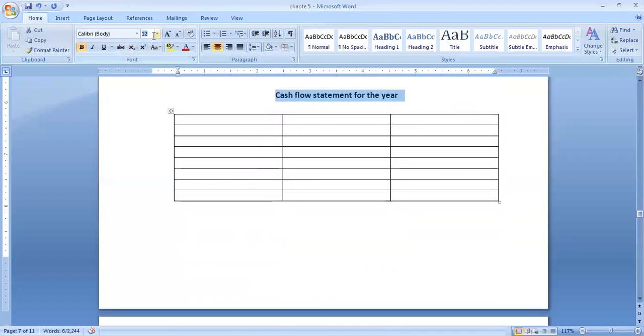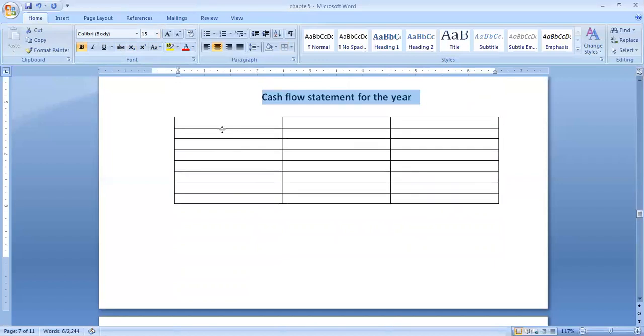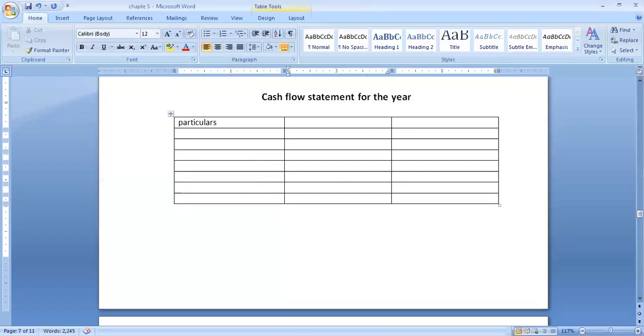So cash flow statement for the year, make it as particulars, rupees. Clear? So what is the first? You have to take obviously the net profit into consideration.